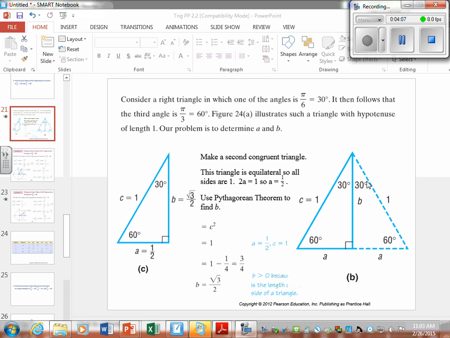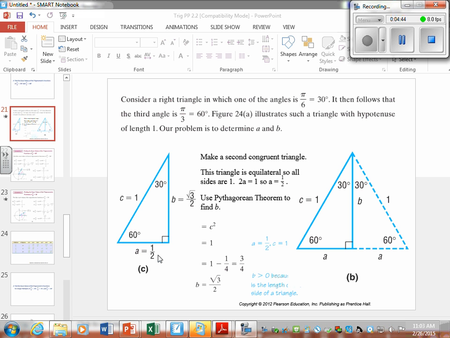I mirrored it and put a reflection of it on the other side, flipped it over, and drew a dotted line, making an equilateral triangle, meaning all sides are equal. Side is 1, side is 1. What would that make this side right here? 1. Very good. So 2a is equal to 1, because a plus another a is 2a, which equals the side of length 1. That's where they get this value, a is 1/2.